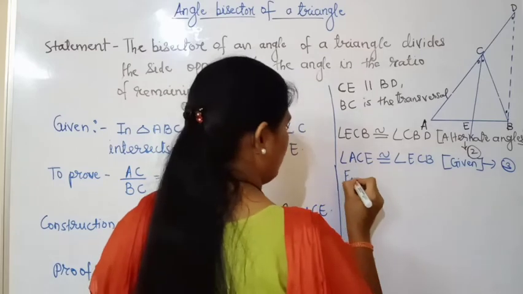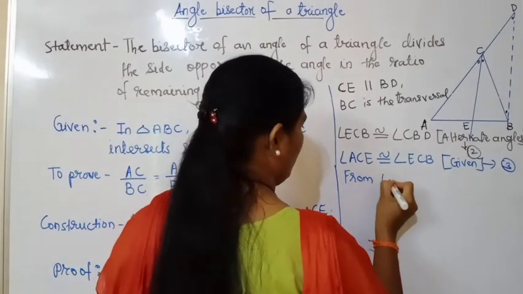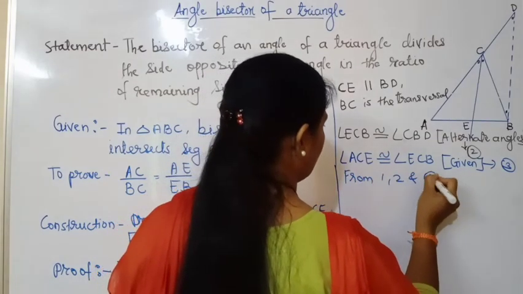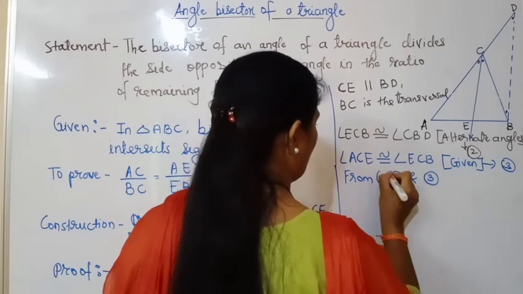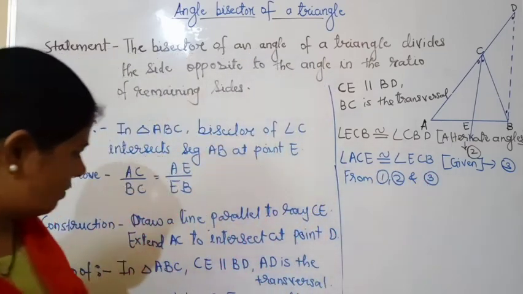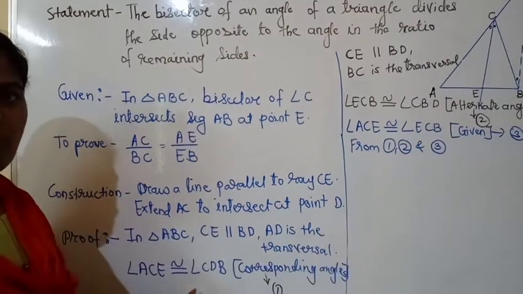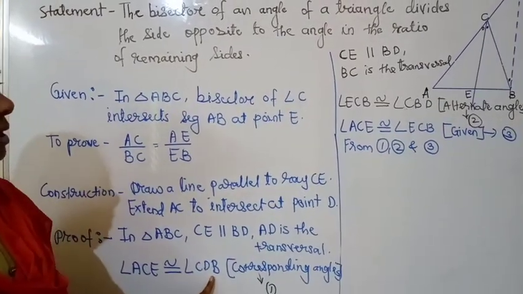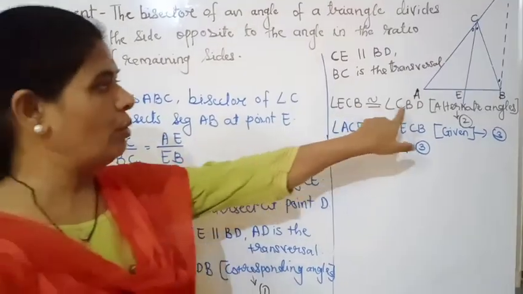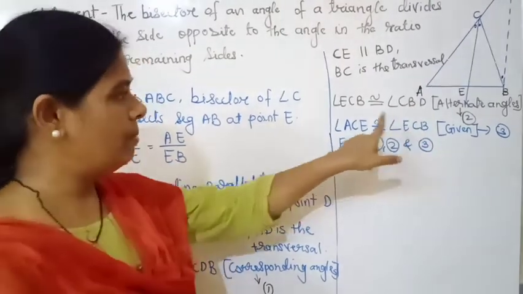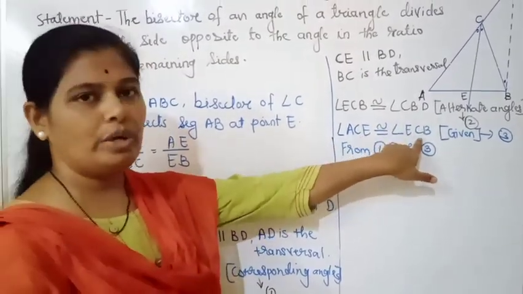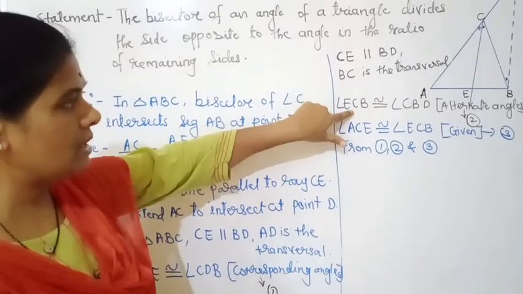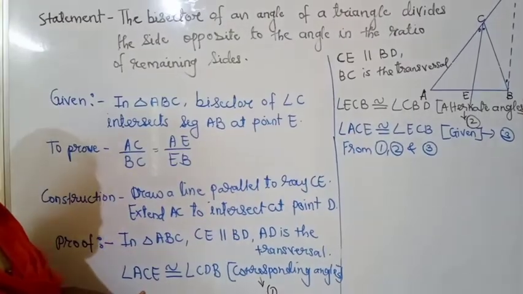Now from 1, 2 and 3, what do we get? What is our number 1? ACE congruent to CDB. Number 2, ECB congruent to CBD. And number 3 is ACE congruent to ECB, meaning ECB congruent to ACE.